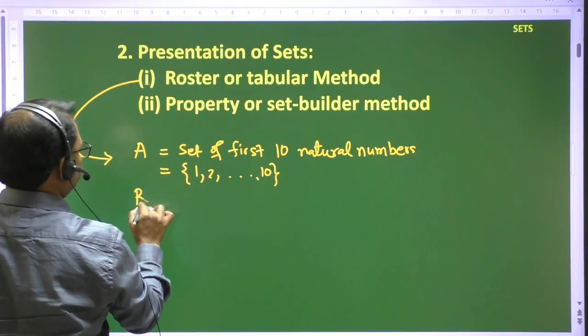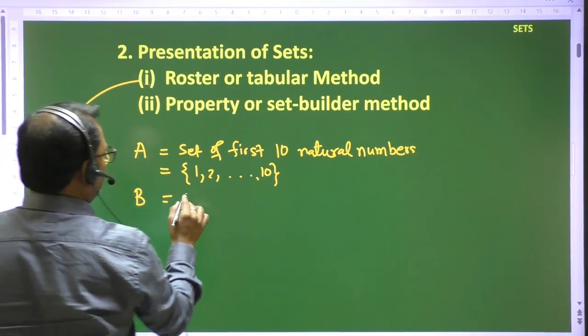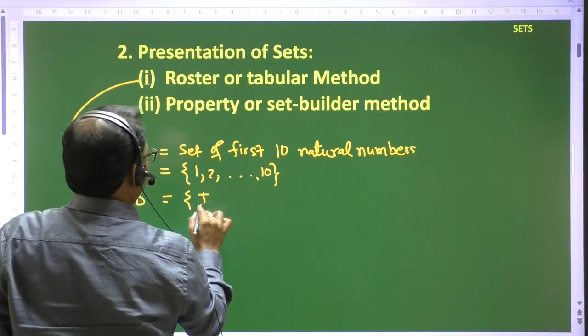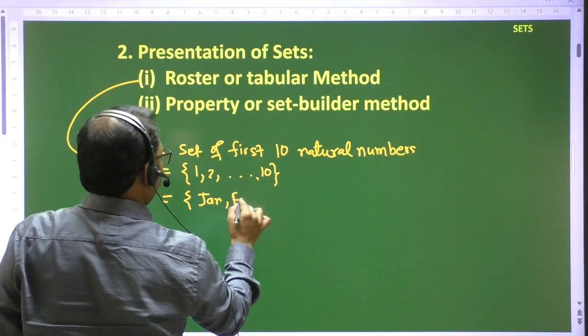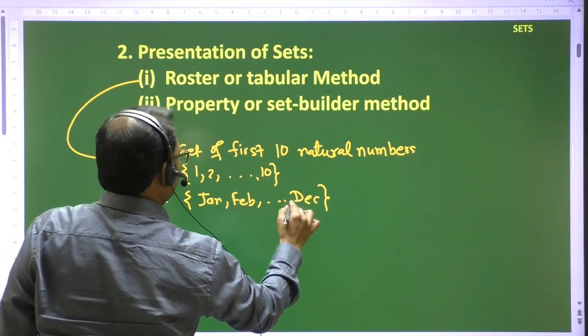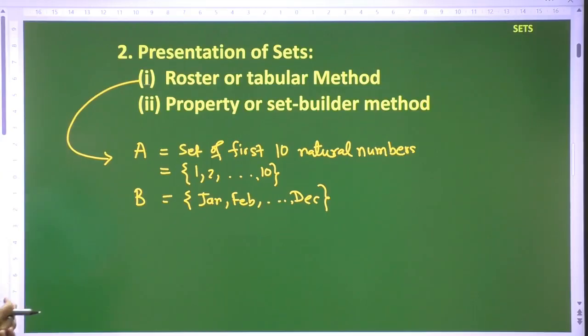Similarly, if B is the set of all the months of the English calendar, it will be January, February, and so on up to December. This is how we write in the roster or tabular method.